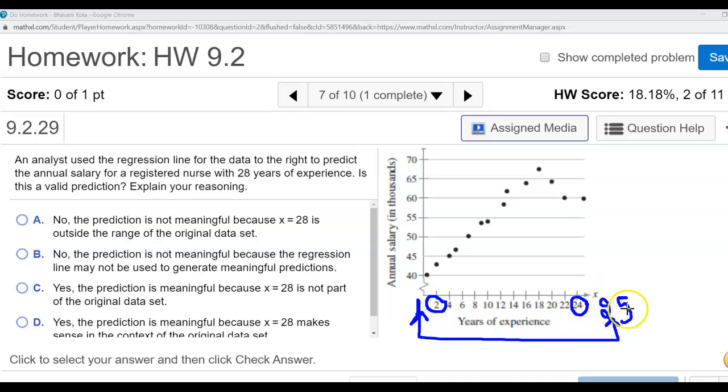Anything greater than 25, less than 1, you cannot predict. So they're asking you for nurses with 28 years of experience. You cannot predict the 28 years of experience, and it will not be meaningful. Why? Because 28 is outside the range of the data set. Okay?